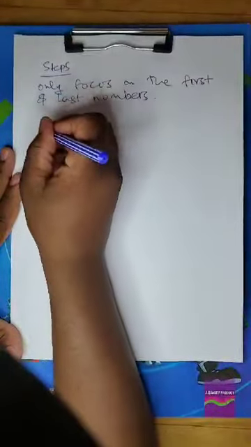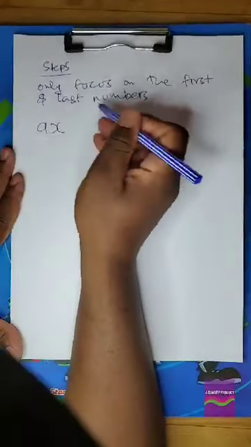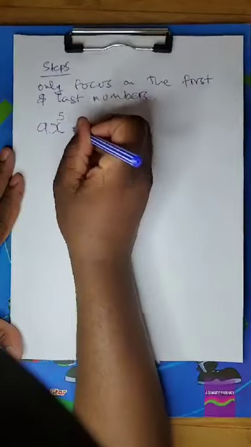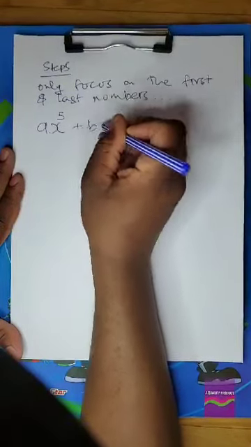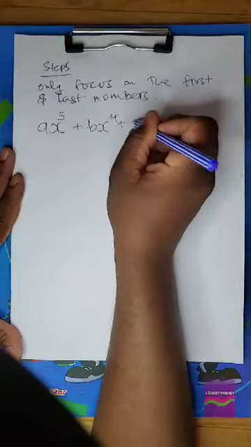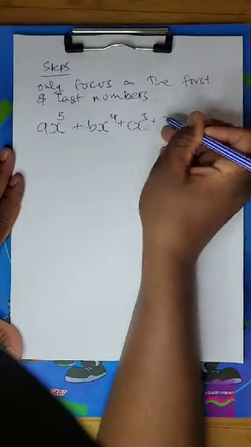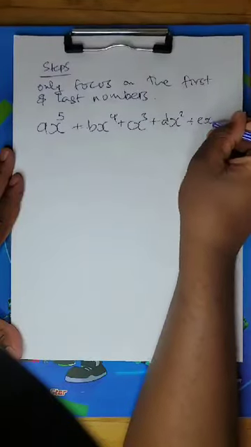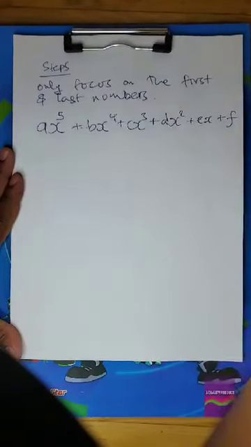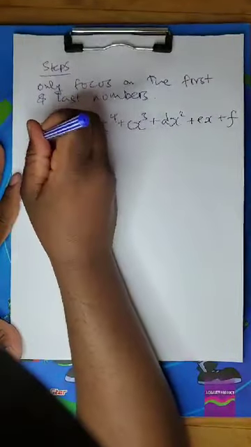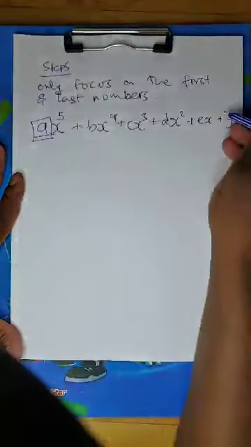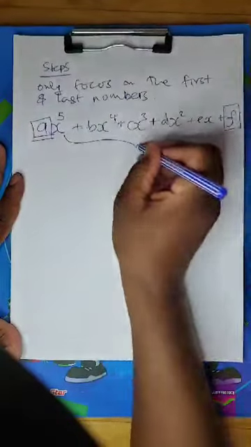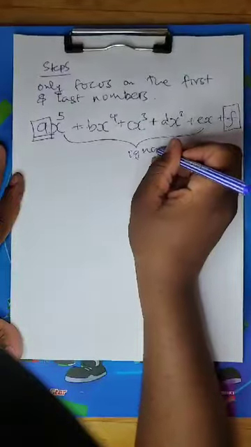For instance, we've been given ax to the power 5 plus bx to the power 4 plus cx to the power 3 plus dx to the power 2 plus ex plus f. Your interest would just be the coefficient of the first term, and the last number, which is the constant. These in the middle, you ignore.